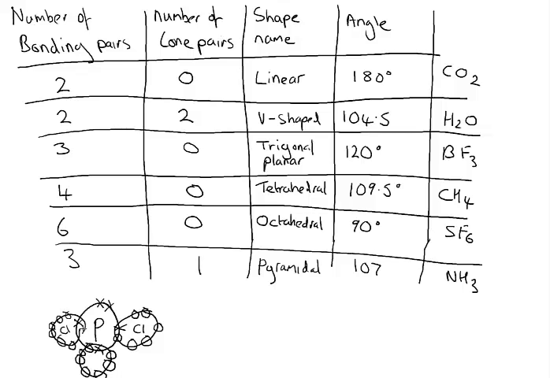You can see that you've got 3 bonding pairs, 1 lone pair.